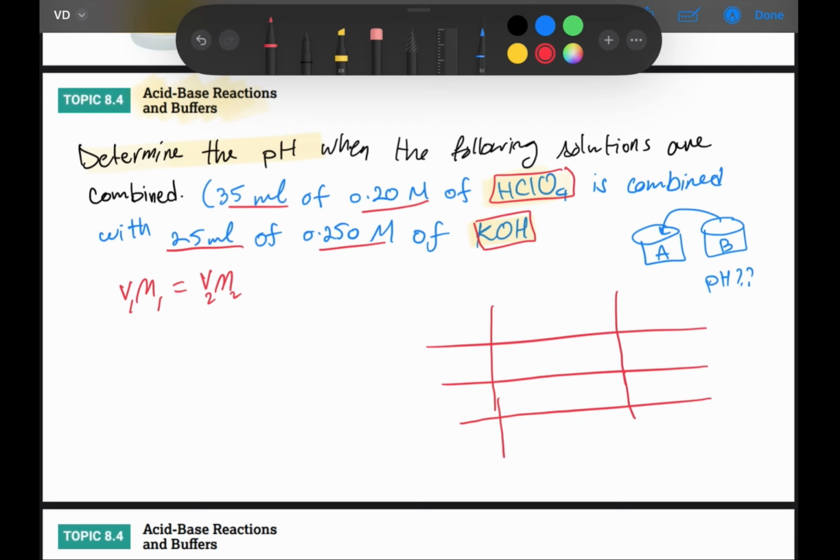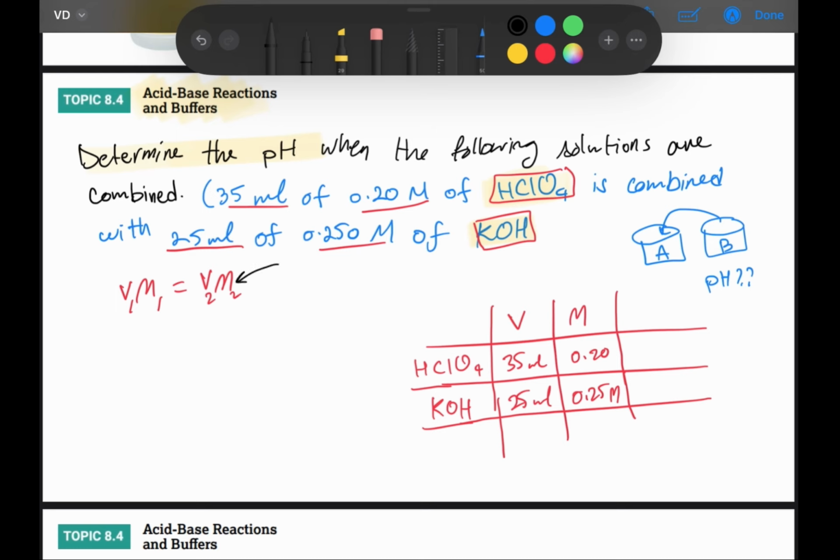Here we have perchloric acid, HClO4, with a volume of 35 milliliters at 0.2 molar, and for potassium hydroxide, 25 milliliters at 0.25 molar.